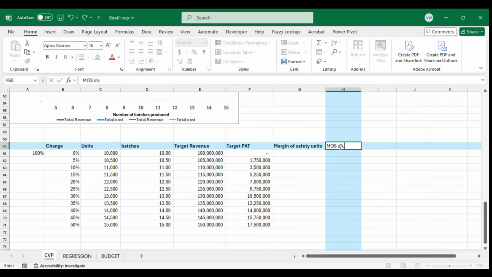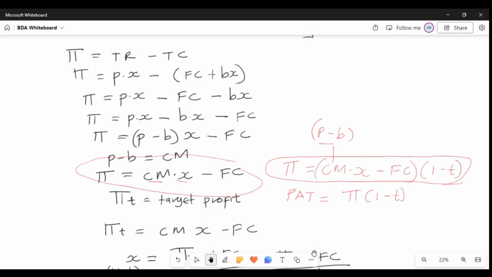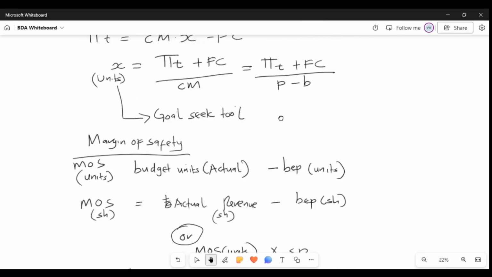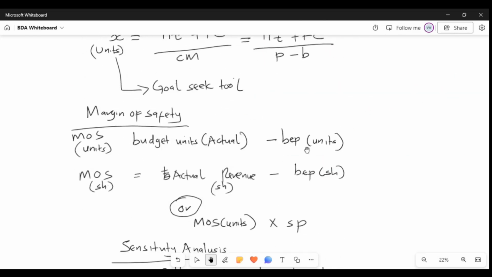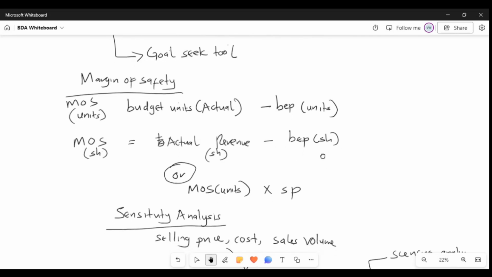There is no difference. So if I want to get the margin of safety in units, remember what we said. We said the margin of safety in units is given by the actual minus the break-even units. And in shillings, we take the actual revenue minus the break-even revenue.